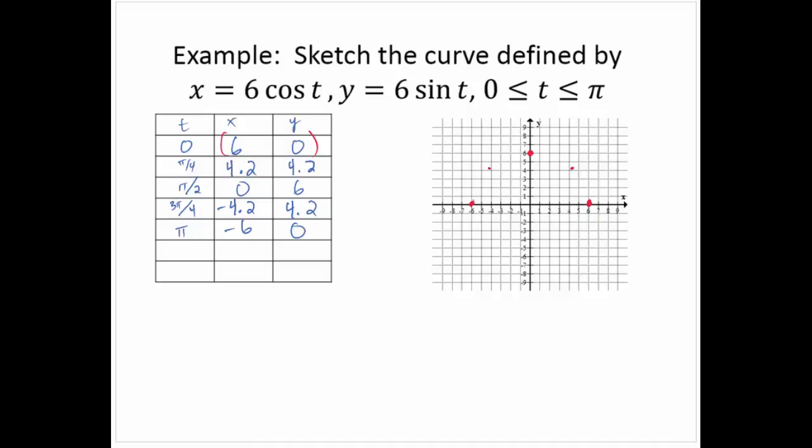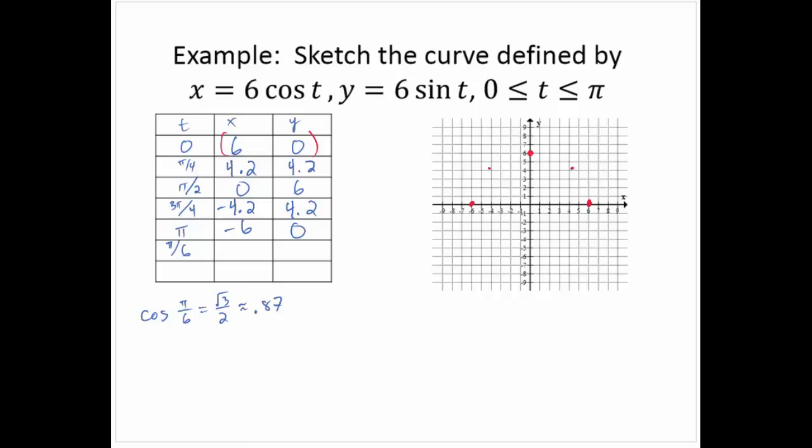Well, that looks okay. What if I found one or two more points? What if my parameter was pi over 6? Well, the cosine of pi over 6 is root 3 over 2, which is about 0.87.